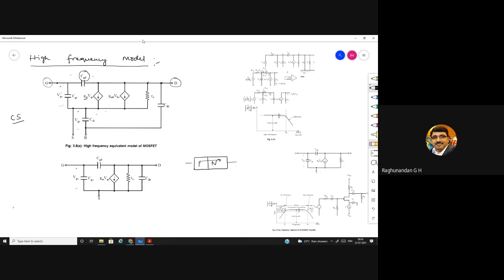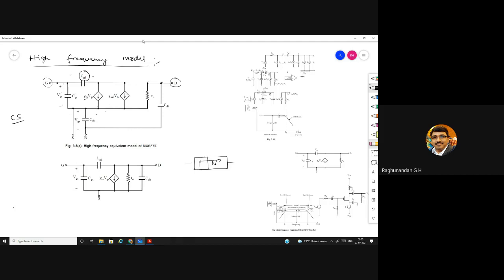In the same way, between the gate and the source, there is a junction. Wherever there is a junction, one capacitance we are going to consider. So we consider one capacitance between the gate and the source terminal.